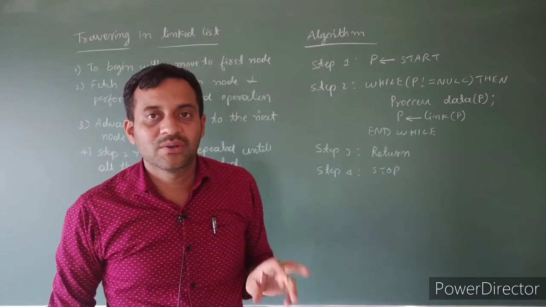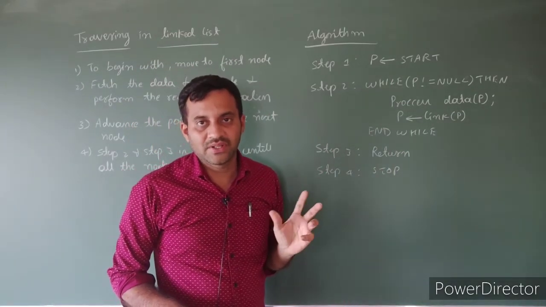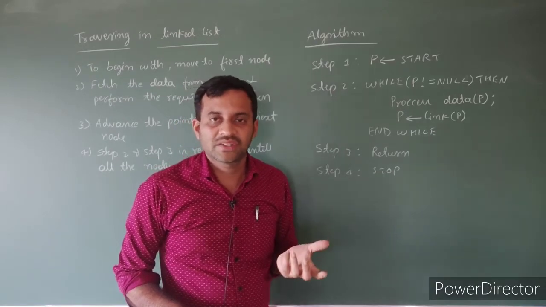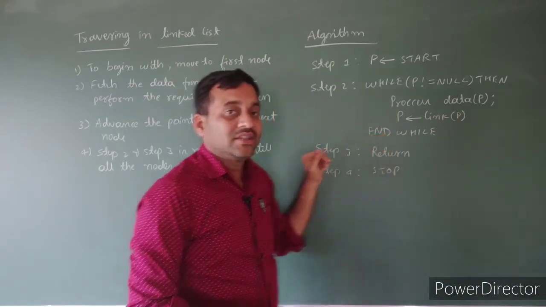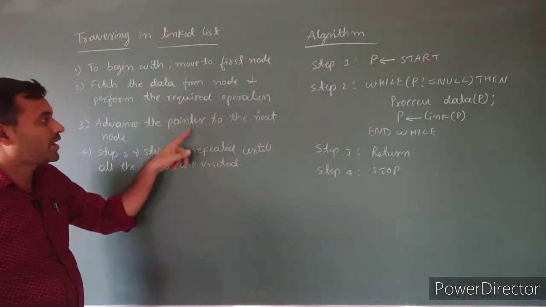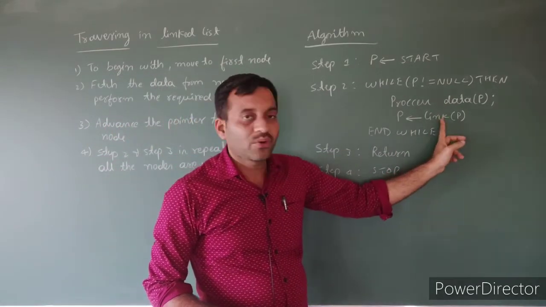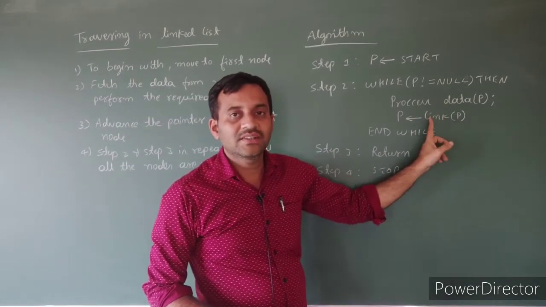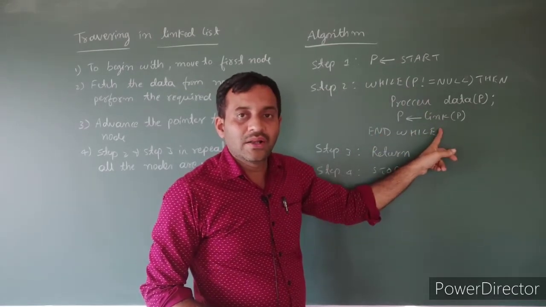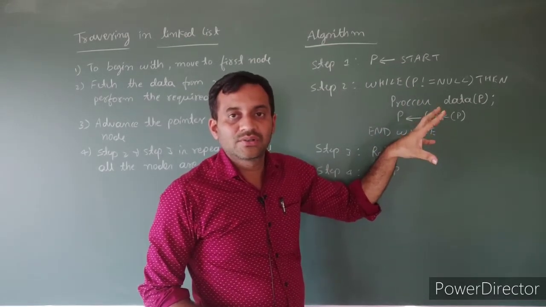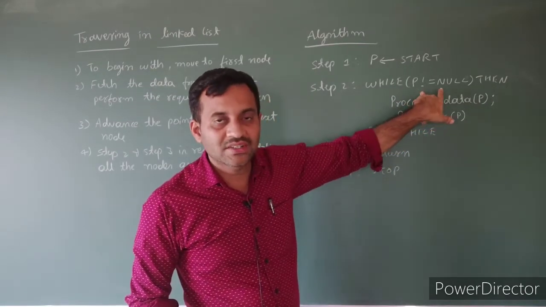Processing means we have to perform the desired operation, which depends on the data type. Then see this step: advance the pointer to the next node. How to advance? We access the link part of P and assign it to P. In the next step, the link part of P stores the address of the next node, which is again compared with null.